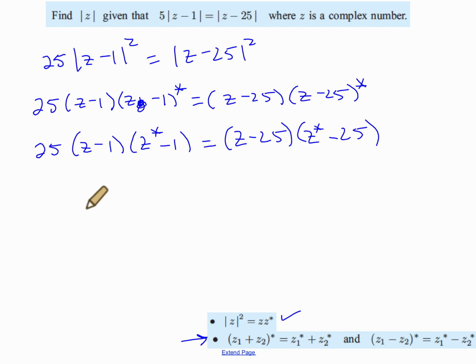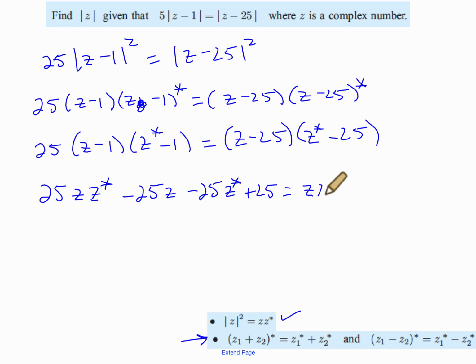So now, as we expand, we get 25zz* minus 25z minus 25z* plus 25 is equal to zz* minus 25z minus 25z* plus 625, 25 squared, of course.